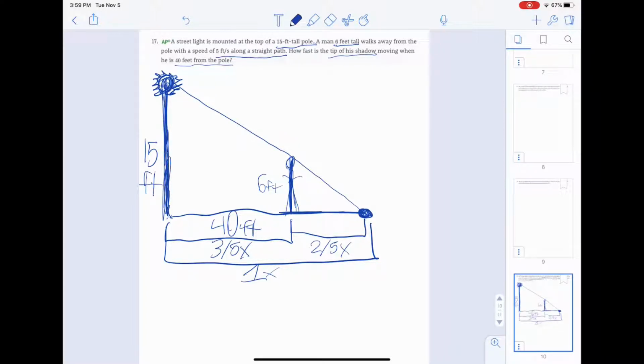And so the distance from the pole to the shadow in relation to the distance from the pole to the person is going to be 1 over 3/5, or 5/3.